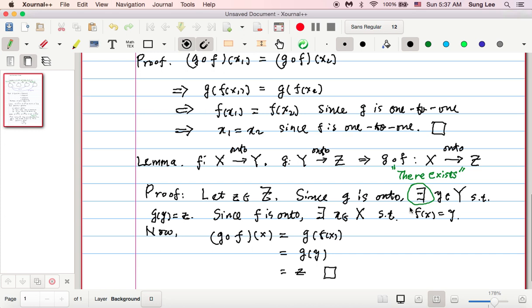Oh, by the way, in case you are wondering, I put an empty square at the end of the proof. That's what it means literally, the end of the proof.